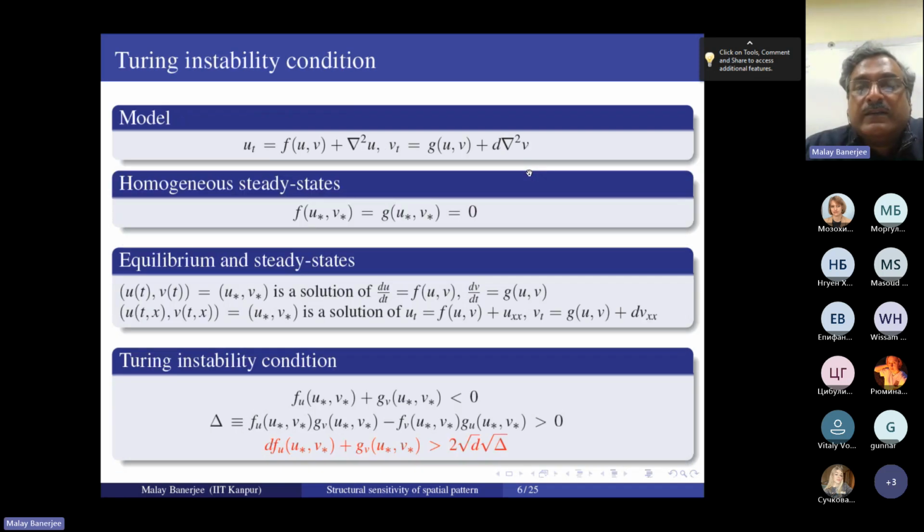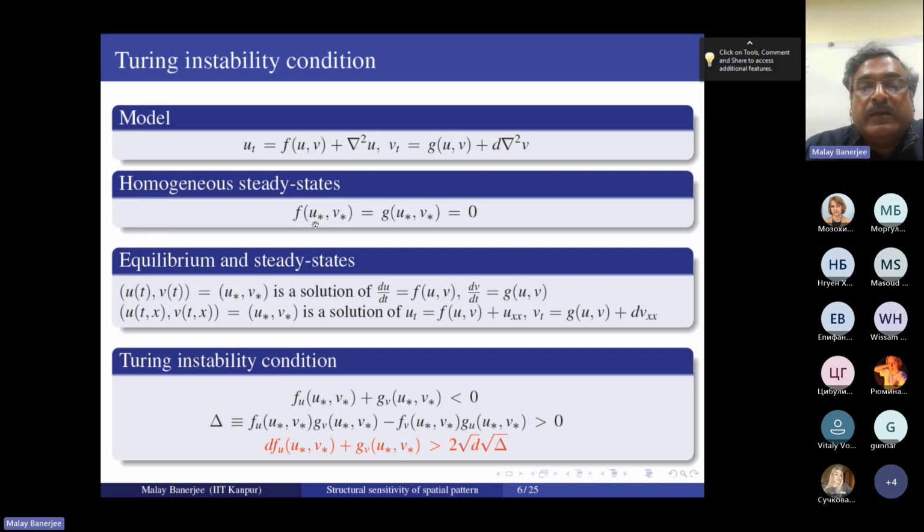So now for Turing instability, we make an attempt to obtain the condition. So this is the governing system. We are looking for some homogeneous steady state solution. So if we can find two solutions, u of t comma x equal to u star, which is a constant, and v of t comma x equal to v star, which is another constant, which satisfy these conditions.